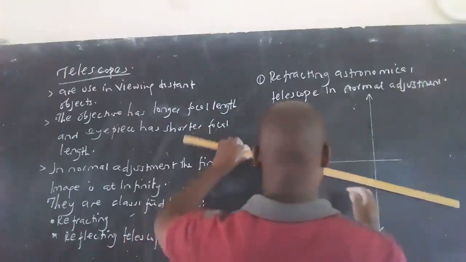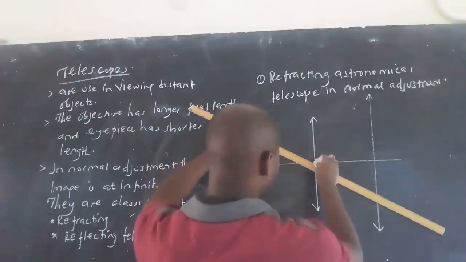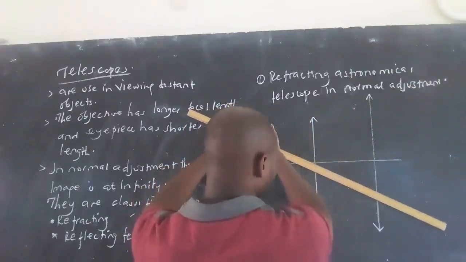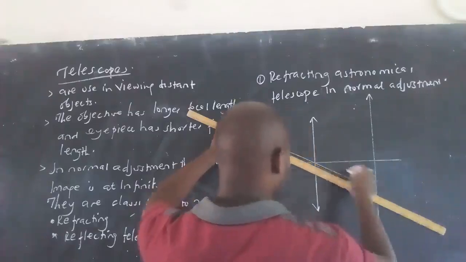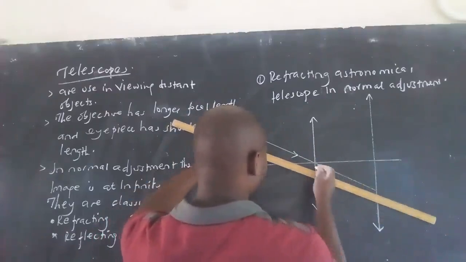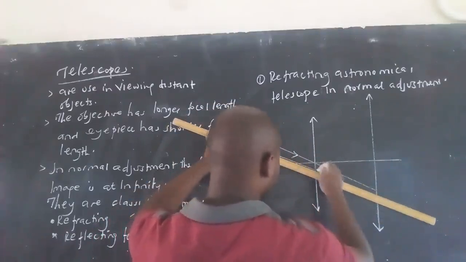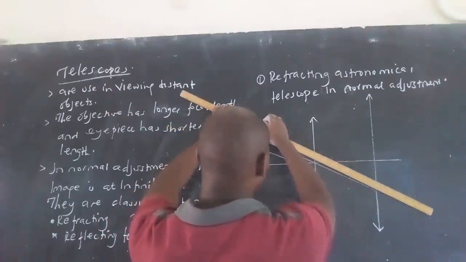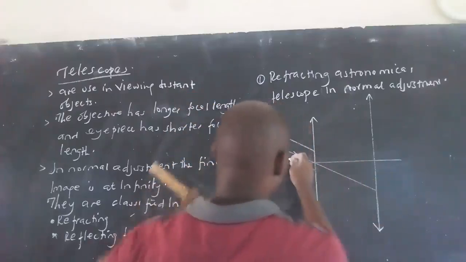The parallel rays of light come in like that.